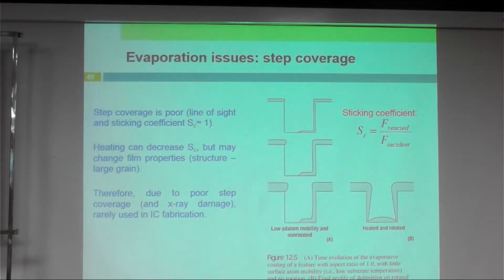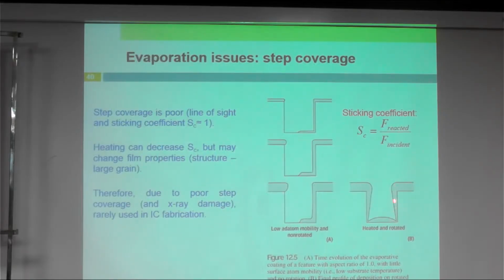So here, the final profile of the deposit sometimes can become like this because at the wall, the rate of material evaporated is the same, at the same pathway, then this pathway is deposited here.